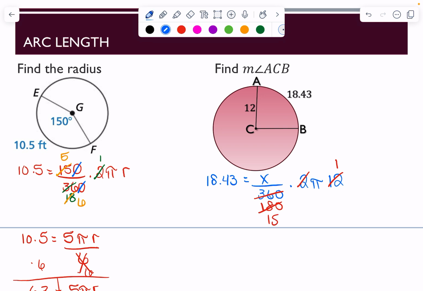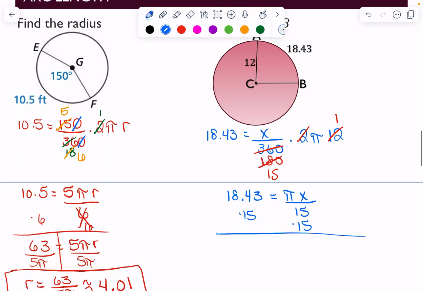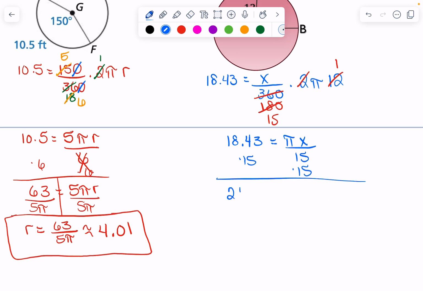So now here's what I have. I have 18.43 equals pi times x over 15. So now my next step is I'm going to multiply by 15 to both sides. So that's going to give me 18.43 times 15. And that's going to give us 276.45. And that equals pi x.